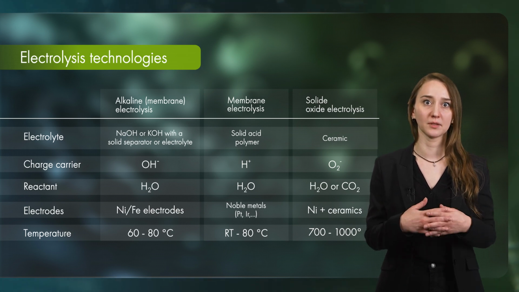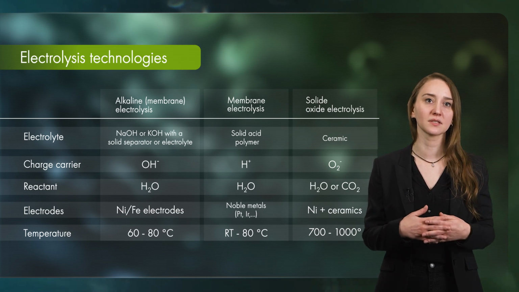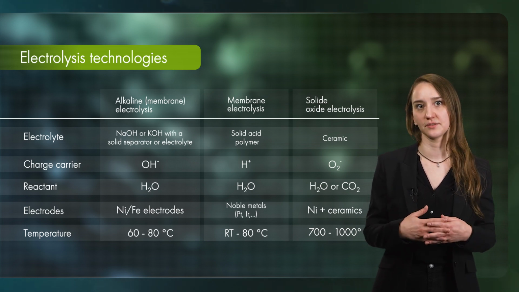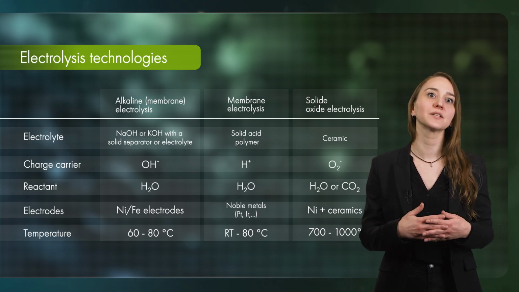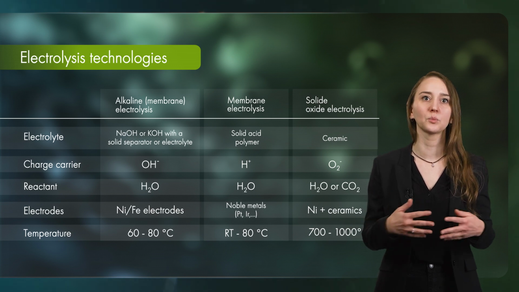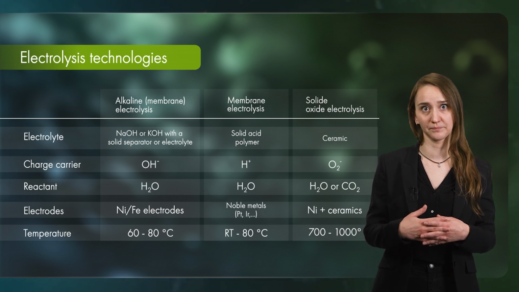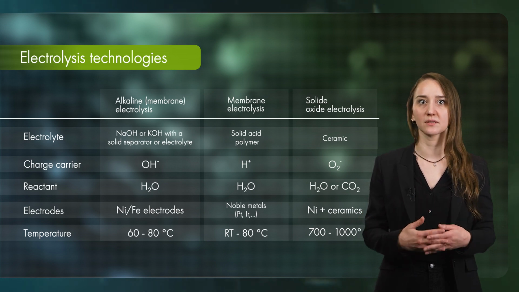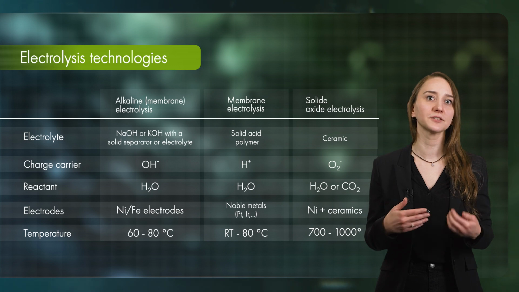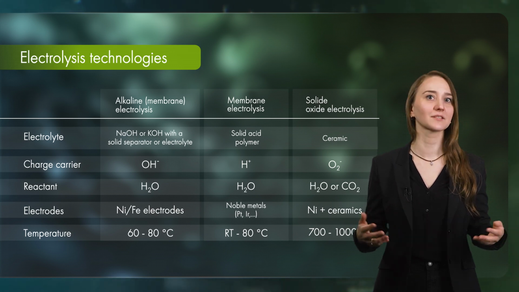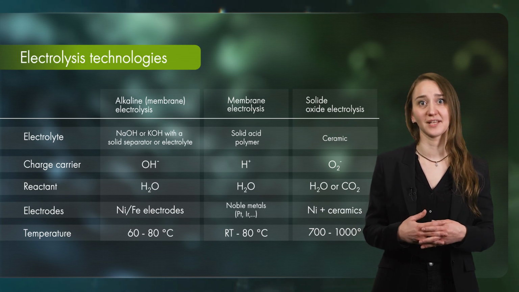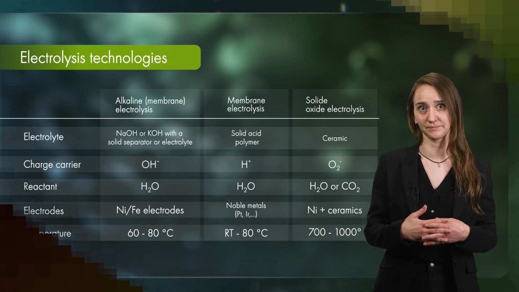The acidic polymer electrolyte membrane water electrolysis, which is gaining increasing attention. And the high temperature electrolysis, which promises a high degree of versatility, as it can cope with feeds other than water as well. As you can see, these technologies are characterized by different charge carriers, materials, and operating temperatures. Let's explore their unique advantages and challenges in more detail.